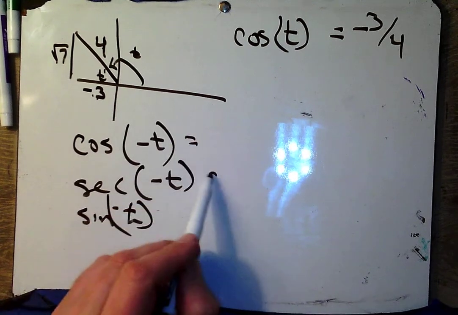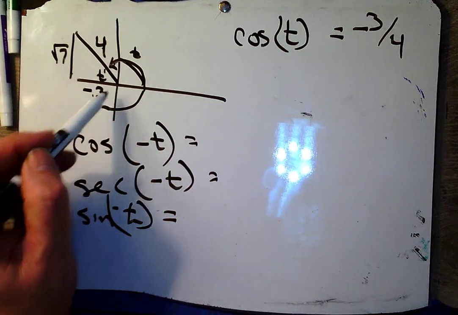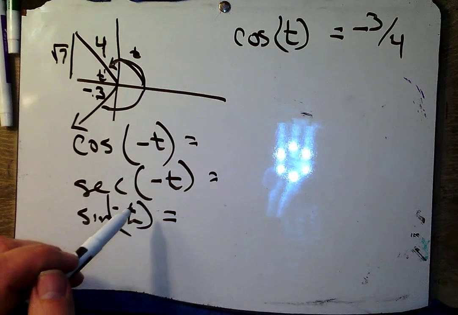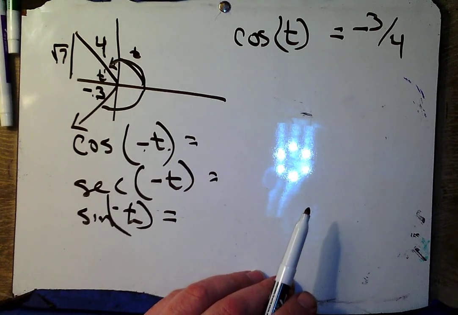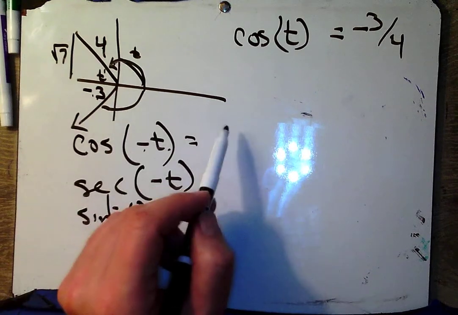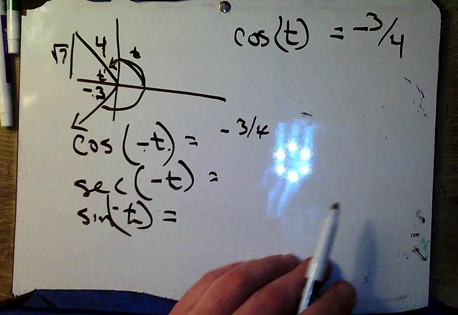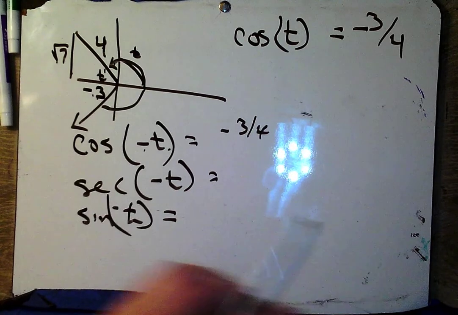Well, if this is positive t, then negative t is doing this kind of thing. So what can we say about the cosine of negative t? Well, the cosine of negative t is in fact negative 3 over 4. Now, how do I know that? Well, I can know that in one of two ways.